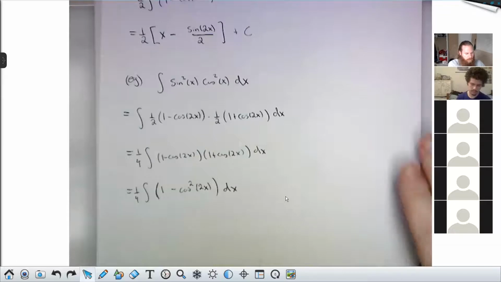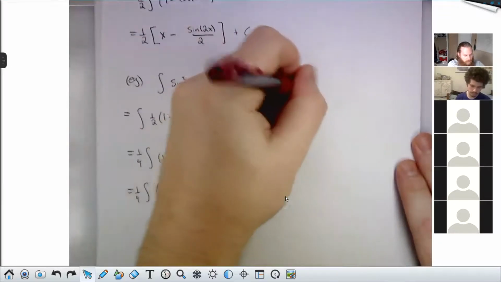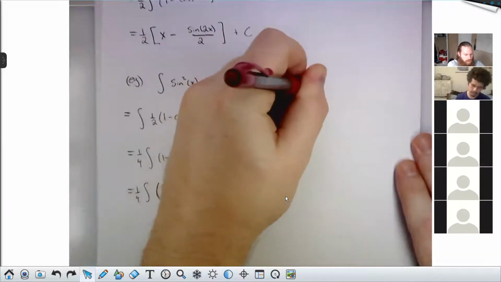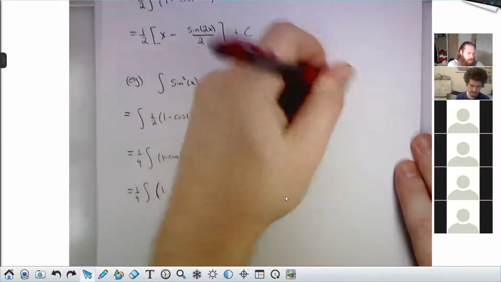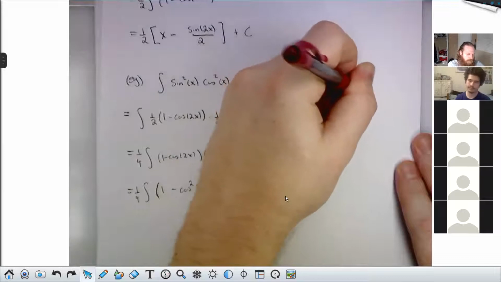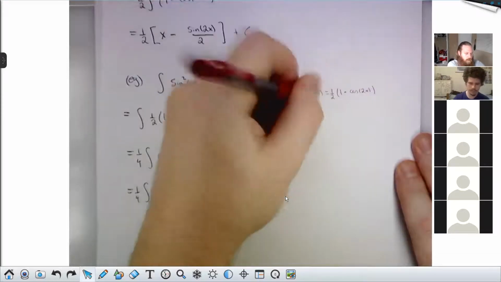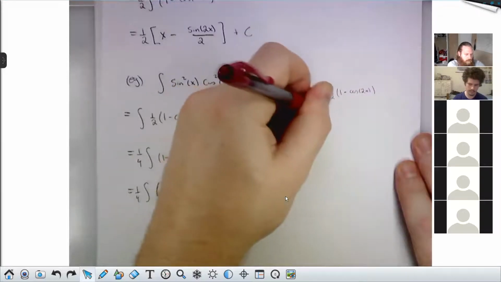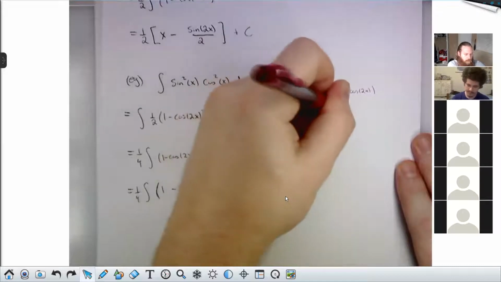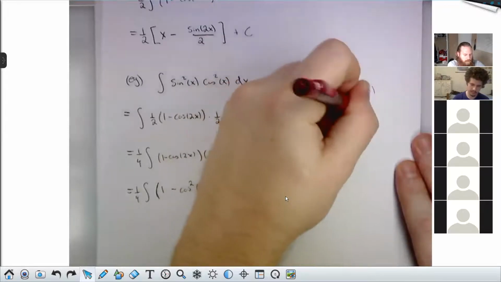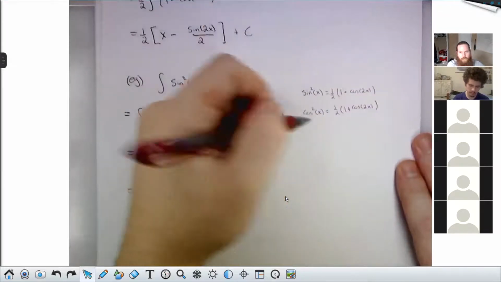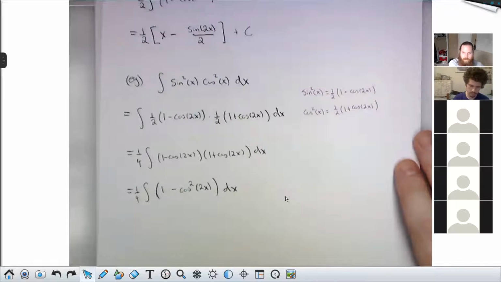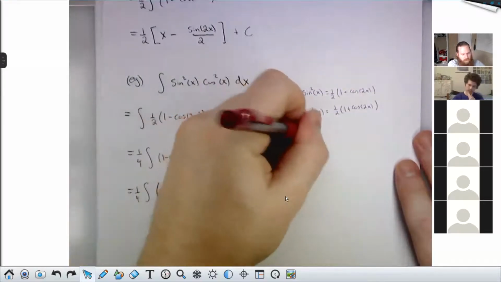So let me just quickly copy these half angle identities over here. They are sine squared of x equals 1/2 times quantity 1 minus cos 2x, and cos squared of x equals 1/2 times 1 plus cos 2x. If you remember one, you get the other for free, just change the plus to a minus. So what about cos squared of 2x?